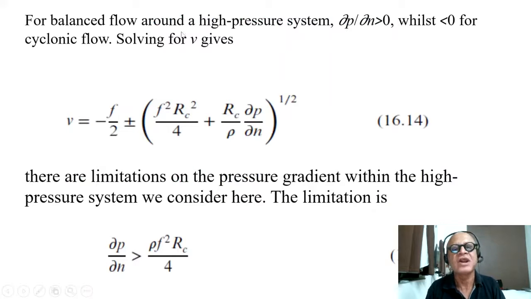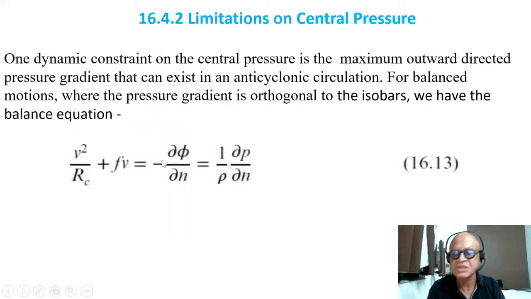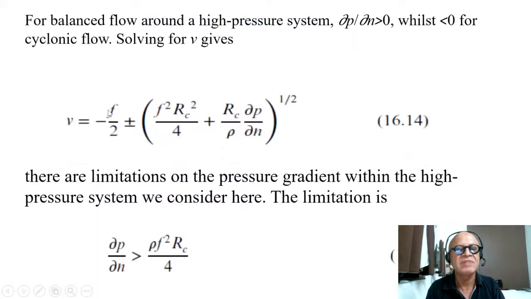For balanced flow around the high pressure system, the pressure gradient is positive from the center out, obviously, whilst it's negative for cyclonic flow, as we know. Solving for V in the previous equation, we get V equals minus f RC over 2 plus or minus the square root of (f squared RC squared over 4 plus RC over rho dp/dn). There are limitations on the pressure gradient within the high pressure system we consider here.